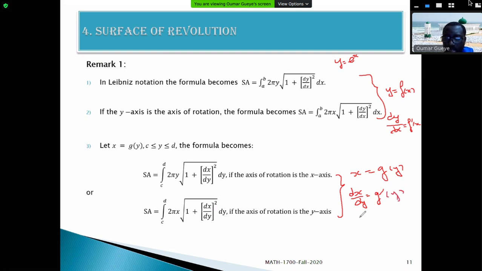One example could be x equal to y squared minus 2y plus 7, let's say. This is what we mean by x equal to g of y. And this is what we mean by y equal to f of x.